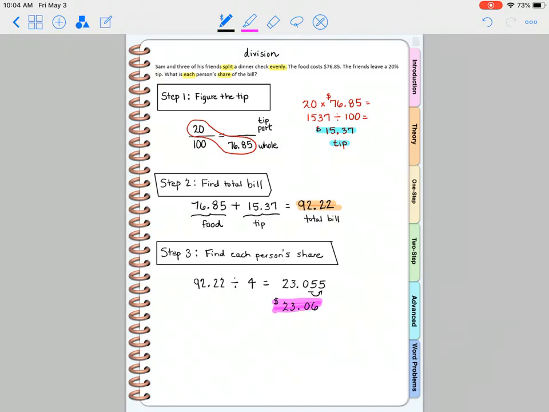And on the multiple choice, I think the 1537, the 9222, the 2306, all of those would be answer choices. So if you stop too soon, you're going to get the wrong answer. So please read carefully and take your time. Work out the problem in a logical order. Think about what it's like to actually be in the problem, to be part of the problem. And that sometimes helps if you put yourself into the story.